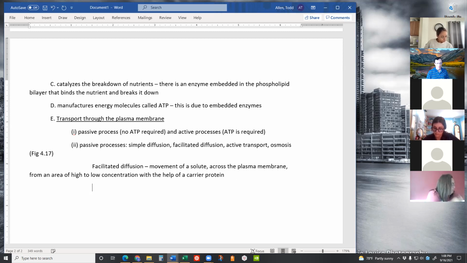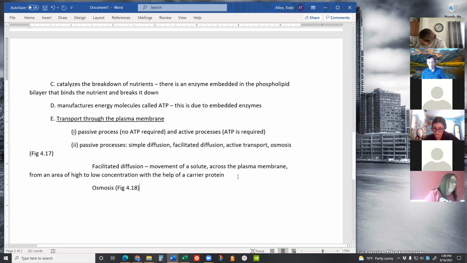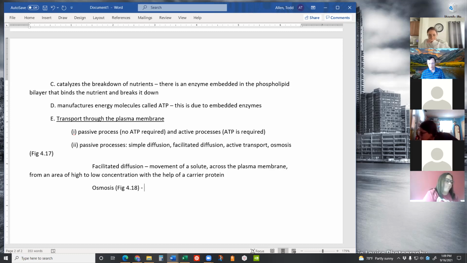Okay, there was also a request in the chat window for osmosis. Osmosis is in figure 4.18. You do need to be aware of this. You do need to think about this, because it is going to be an essay question for you on your exam.